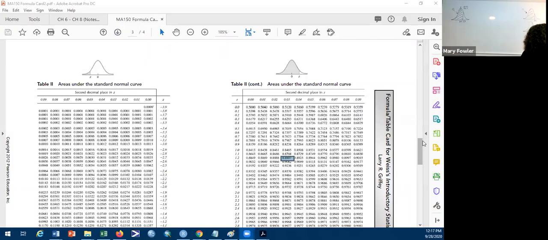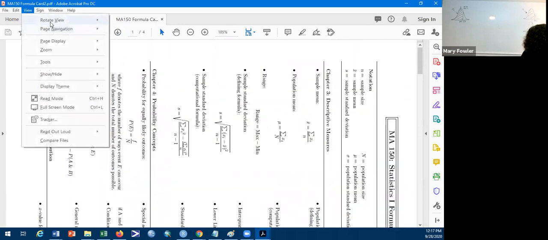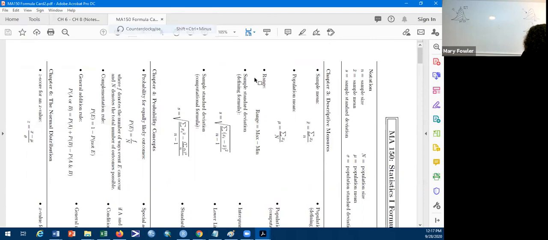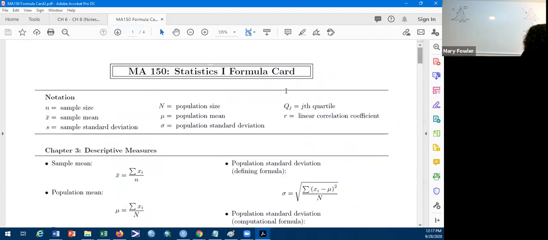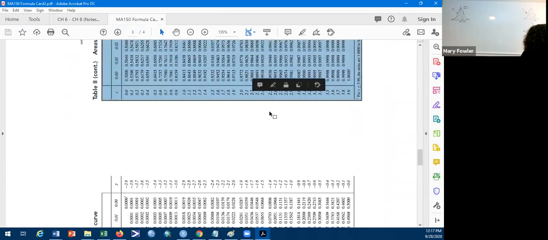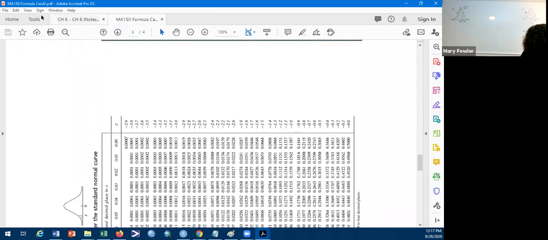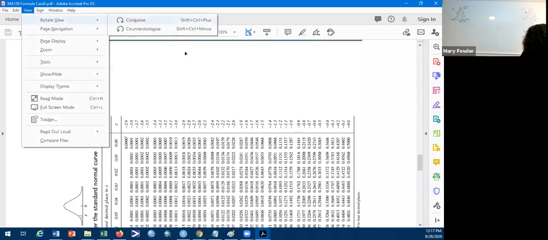And this is a formula card. When you open it up, it will likely look more like this, right? And there are our formulas, and if you scroll down, then you get to that page with the normal curve here. So I'm going to go to view, rotate view clockwise.